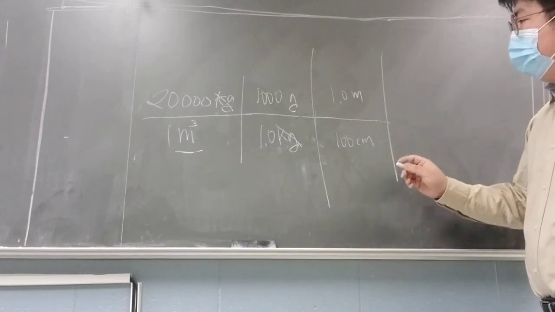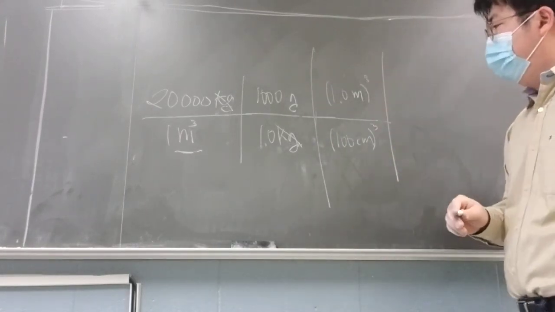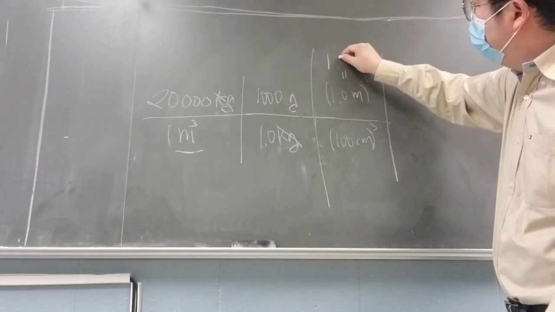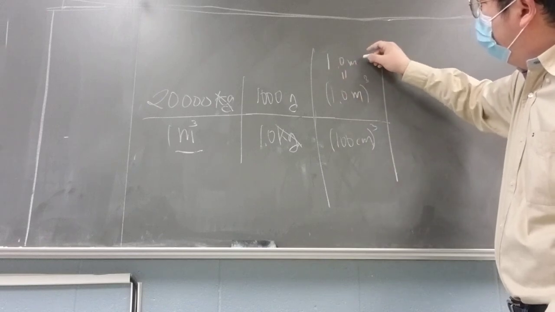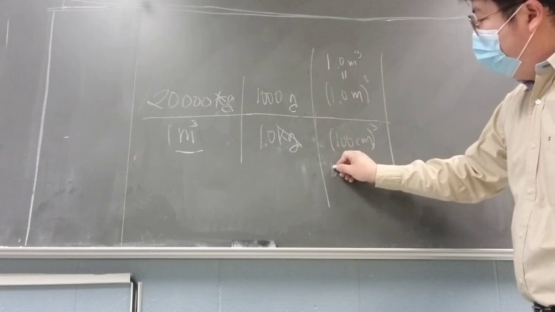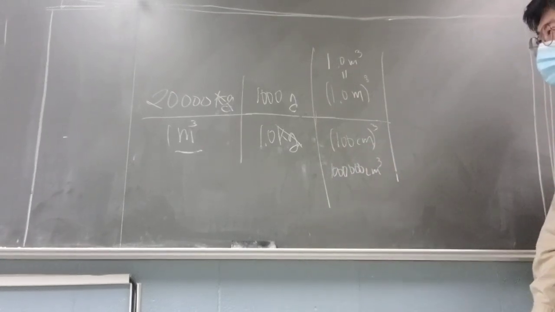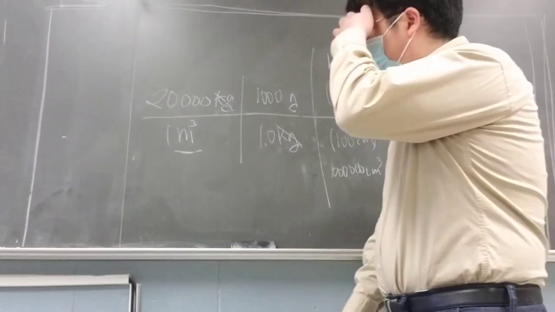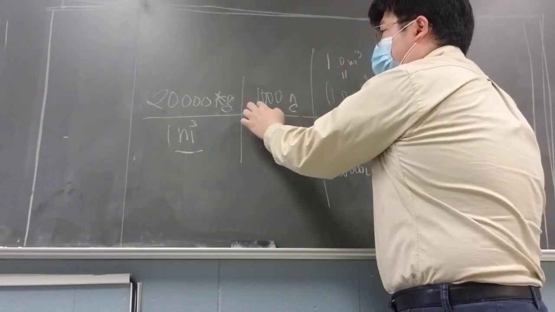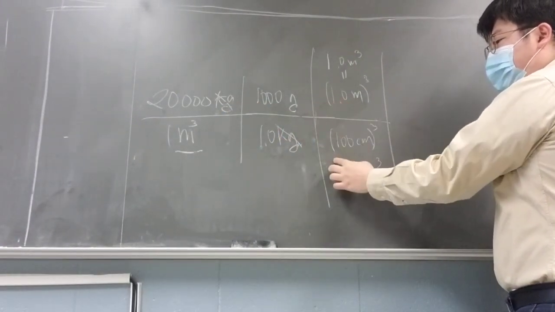Then once again, you're gonna cube those top and bottom ones, and then you're eventually gonna have 1, because 1 cube is still 1, but meter cube, and then it's 1 million centimeter cube over here. So in this case, you're going to have 20,000 multiplied by 1,000 divided by 1, and multiplied by 1 and divided by a million.